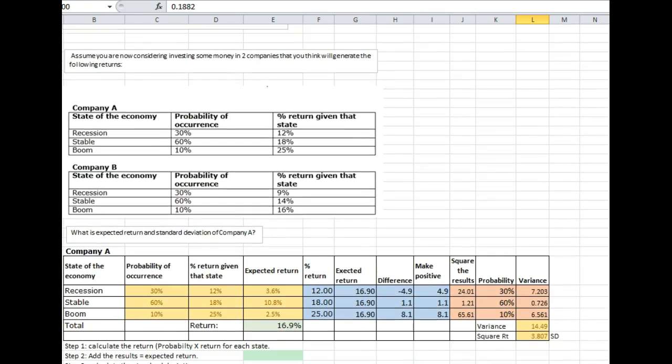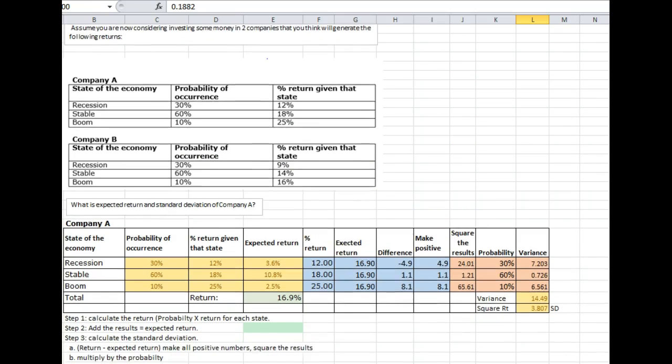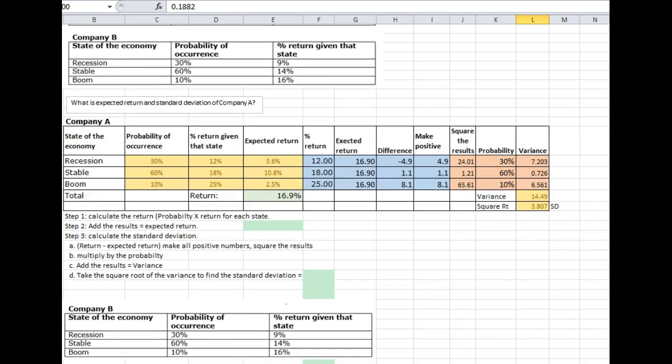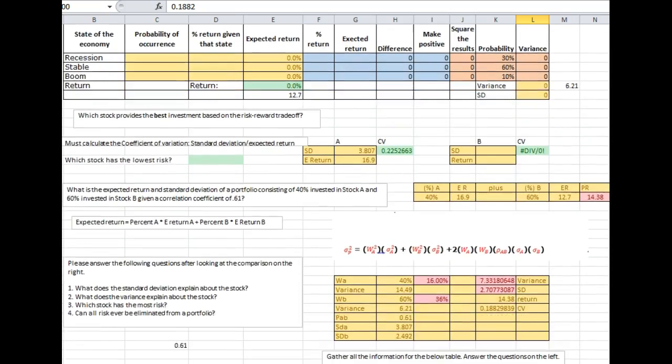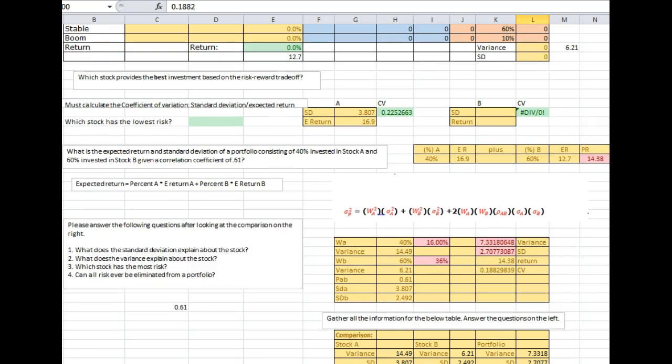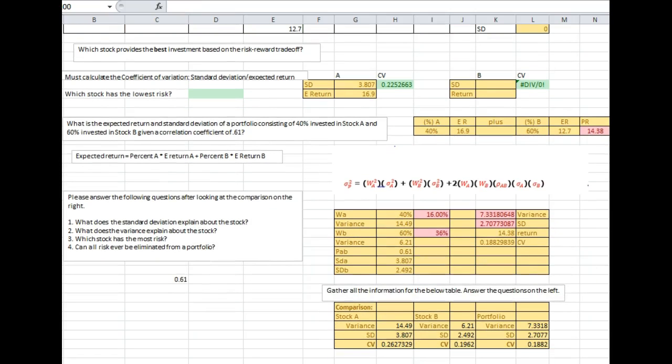You will go from two separate stocks, figuring them out and their probabilities, to combining them into a portfolio using this formula, to put together stocks that will counterbalance each other in interest and returns, and come up with a much safer investment than if you just did either one individually.